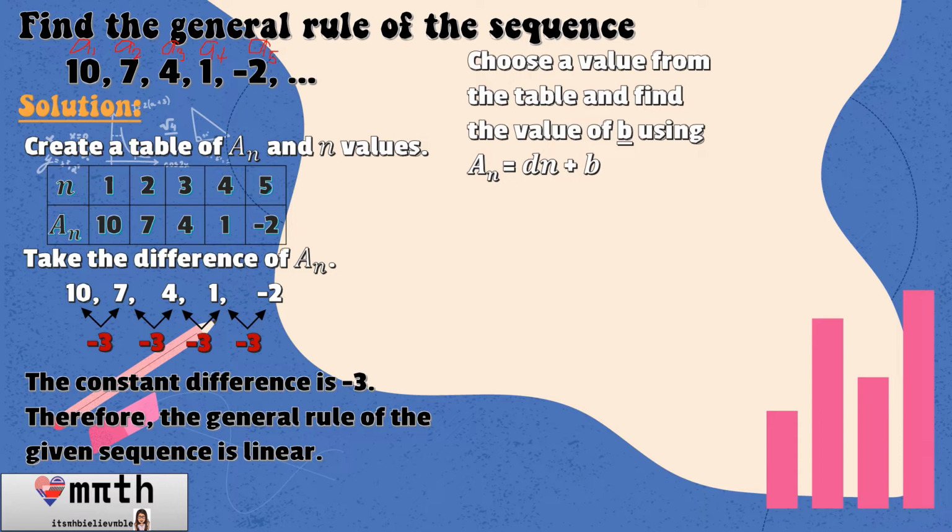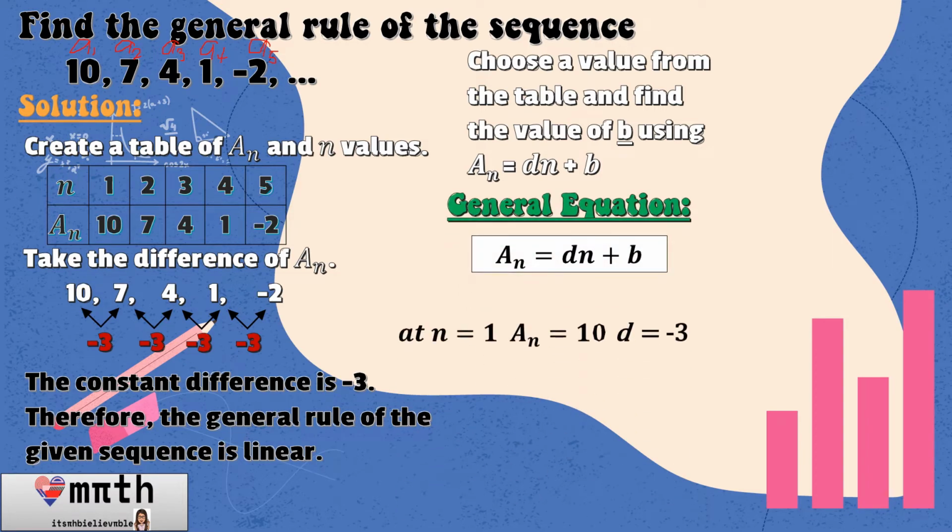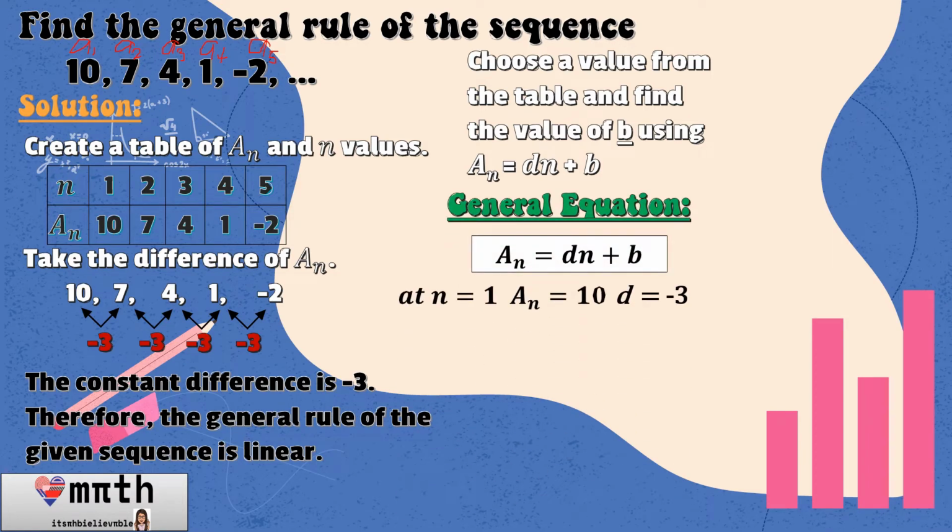Now, let us choose a value from the table and find the value of b using a sub n is equal to d times n plus b. Assuming that we pick n is equal to 1 and the first term, which is 10, will be our a sub n, our d is equal to -3.